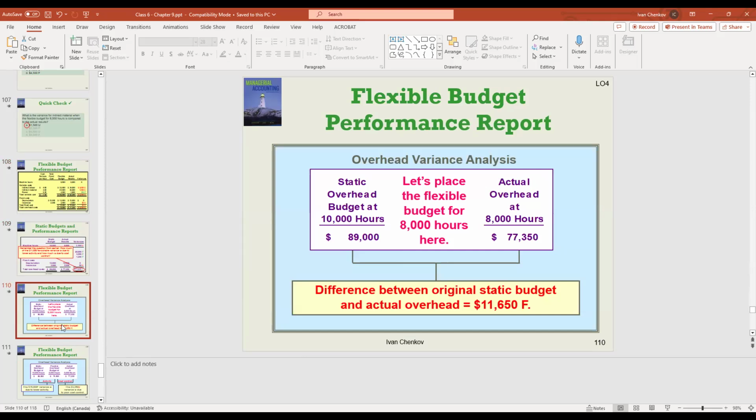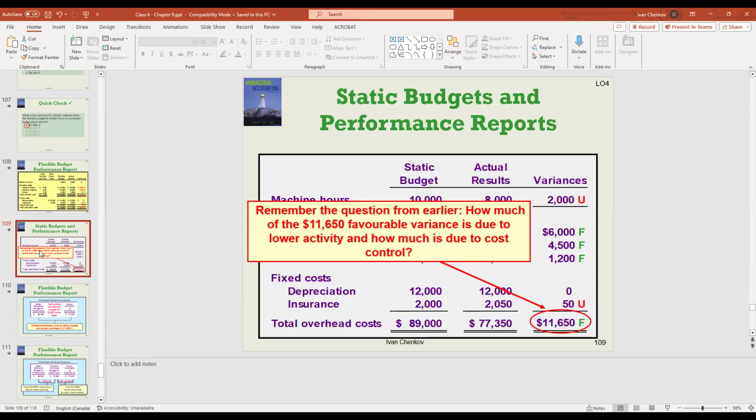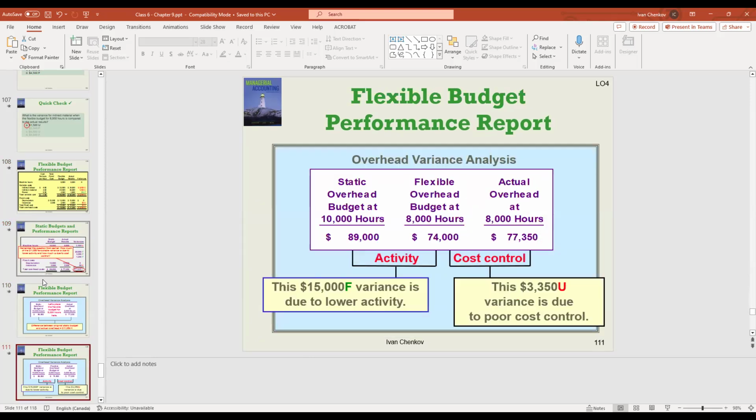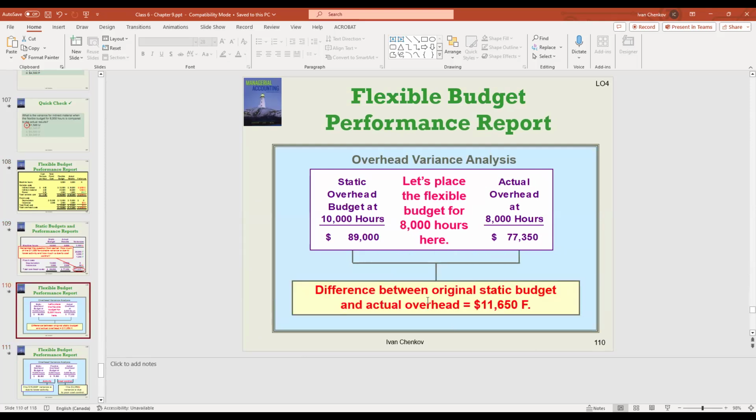So for what purpose can we use the static budget then? We can use the static budget only and only for the purpose of seeing the change in the activity, and that's all. So the static budget, we're going to use it only for the difference between the original and actual usage of the activity.